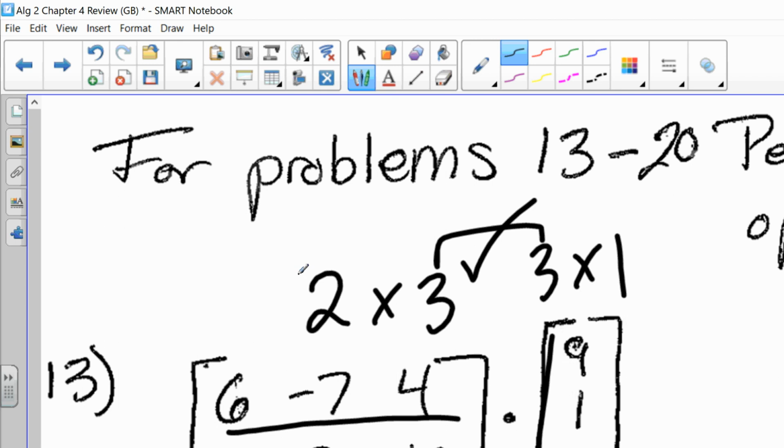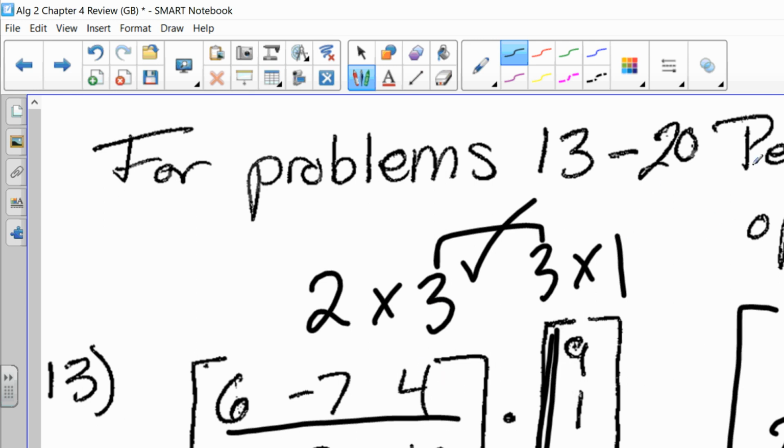We're going to go over and down, which would be 6 times 9 plus negative 7 times 1 plus 4 times 0. We'll do it again. We'll go over and down, which would be 2 times 9 plus 8 times 1 plus 10 times 0.